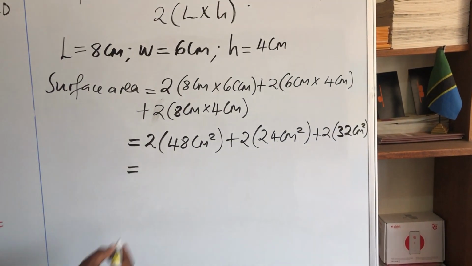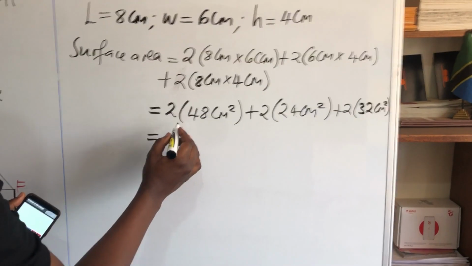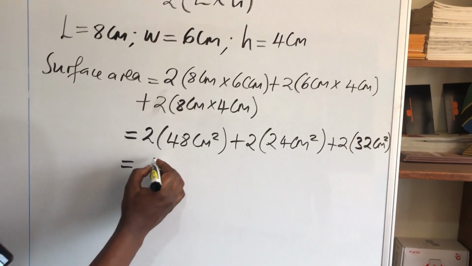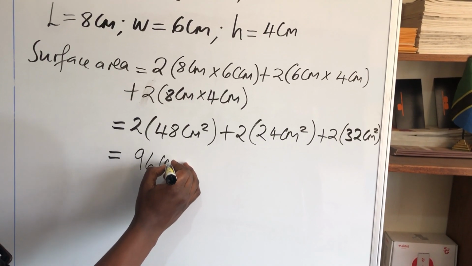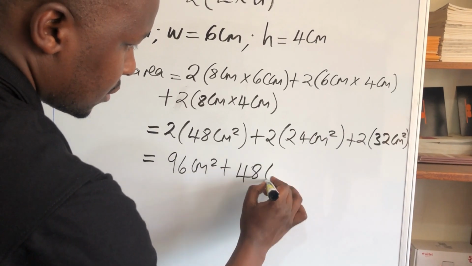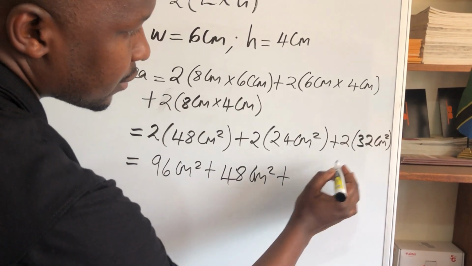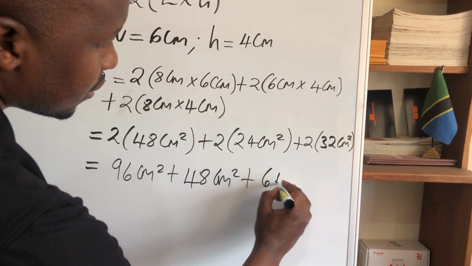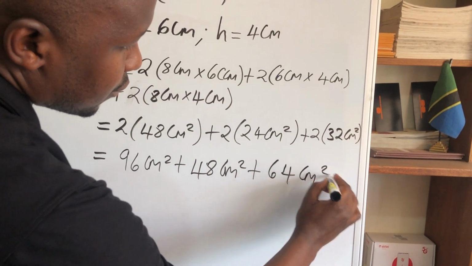So now we open the brackets by the scalar number 2 outside. So 48 times 2, that is 96 centimeter square, we plus 24 times 2 is 48 centimeter square, we plus 2 times 32, we get 64 centimeter square.